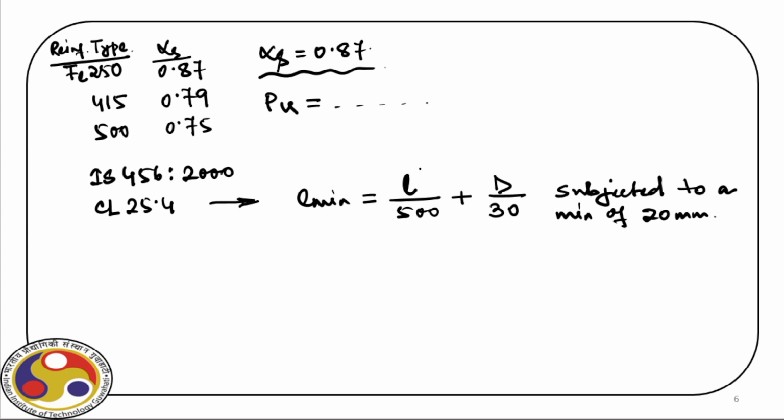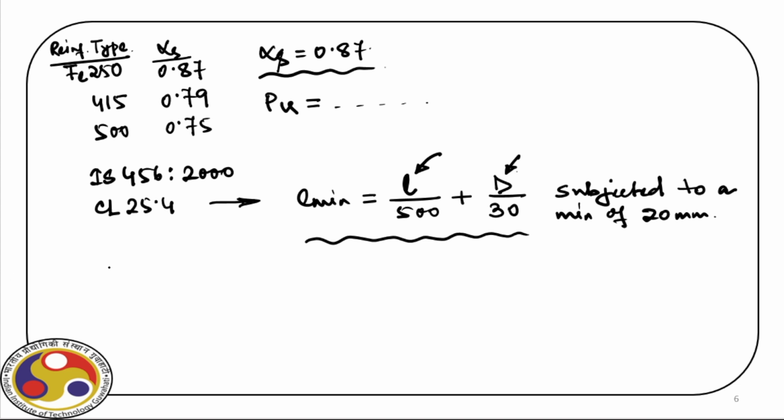Now, you can see we can fix this length of the column, then also the dimension. From there, we can estimate the minimum value of eccentricity for the column, even though we, for the time being, consider only axial compression and no bending. We will gradually see how we can consider bending in one direction, and then we will go to biaxial bending.